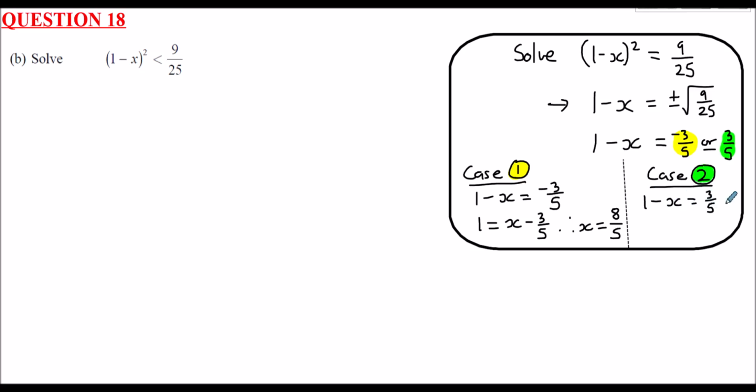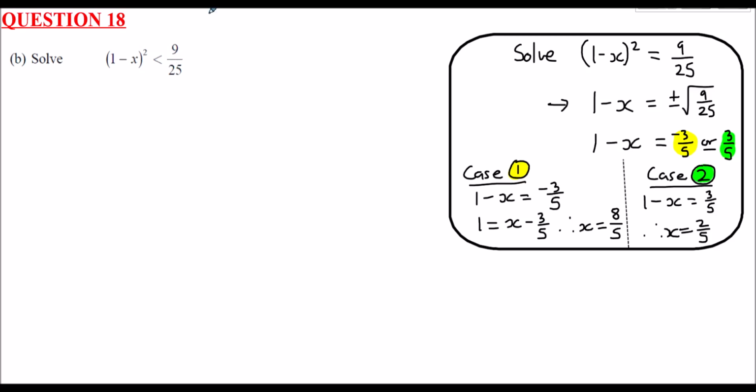So if we add an x to both sides and then take 3/5 on both sides, we would get that x would equal 2/5. So that's what we're going to pop in now, that x equals 2/5. So those are the critical values when 1 minus x squared is equal to 9/25.